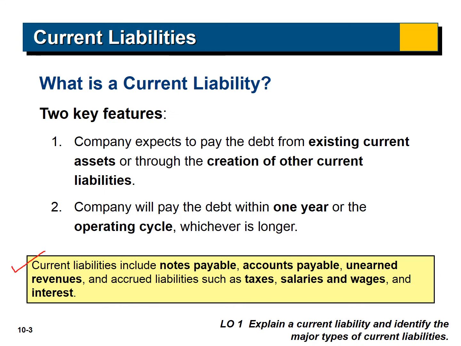Current liabilities include notes payable, accounts payable, unearned revenues, and accrued liabilities like taxes payable, salaries payable, wages payable, interest payable. All of those are considered current liabilities. Sort of a working definition is those things that you owe within 1 year is a good working definition.